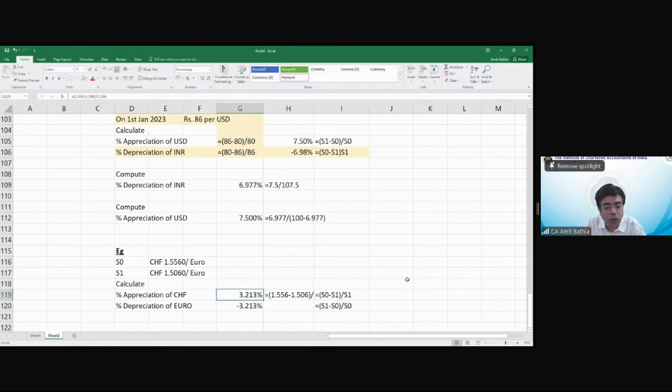So we have over here 1.5560 minus S1 upon S1, which is 1.5060. Yes. Yes, sir. Control C, Control V.